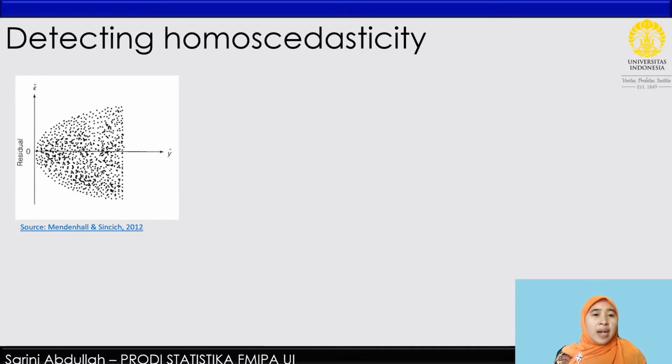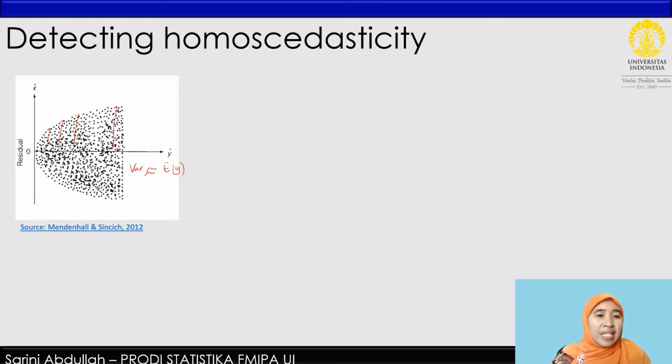Here are some examples of patterns that might exist when we plot the residual and the predicted values. If we have this pattern, we can see that the variance of the residual is small for small values of y cap, and then getting larger and larger as the value of y cap increases. So here the variance goes along with the mean value of the response variable y.